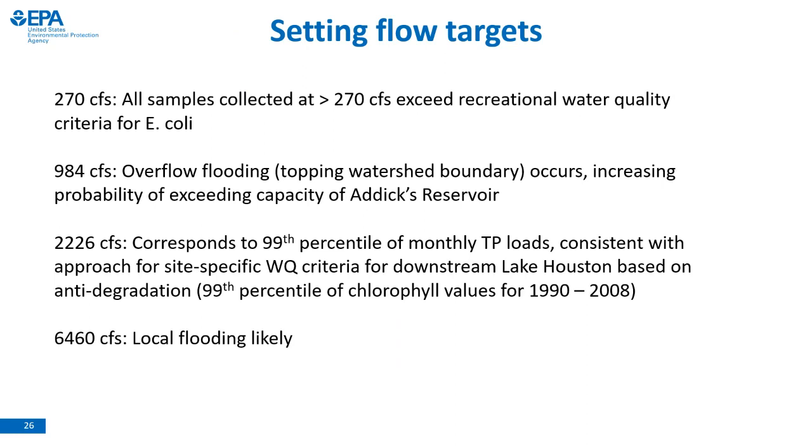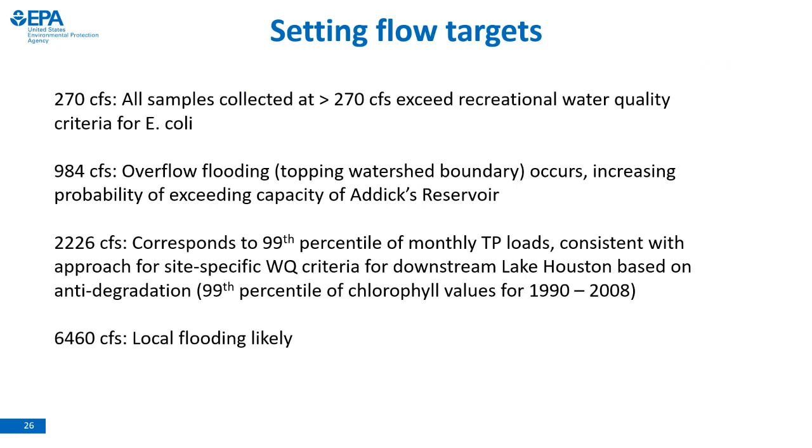If we go to a flow target half of that, that's where overflow flooding occurs, where you're overtopping the watershed boundary and increasing the probability of exceeding the capacity of the Addicks Reservoir to the south. And then at an even lower target, we're finding additional water quality impacts.